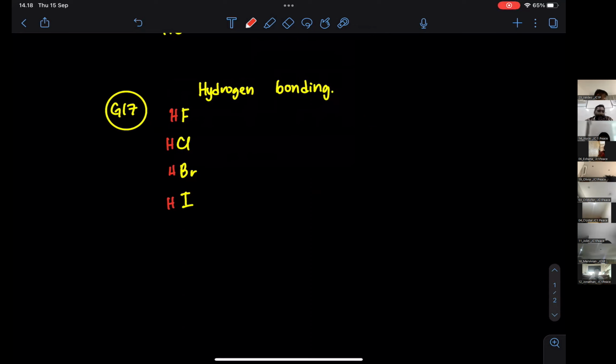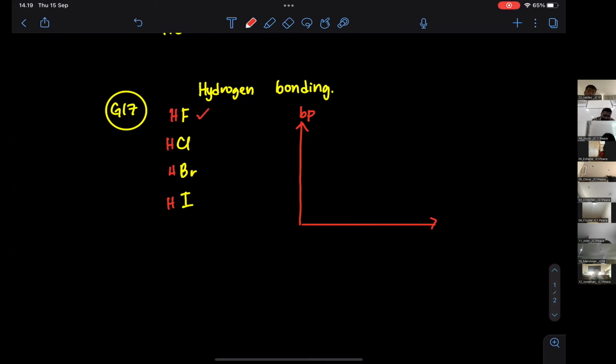We know that if I want to draw the graph for boiling point for these molecules, what I will notice is, first, HF has hydrogen bonding. The boiling point will be very high for HF.